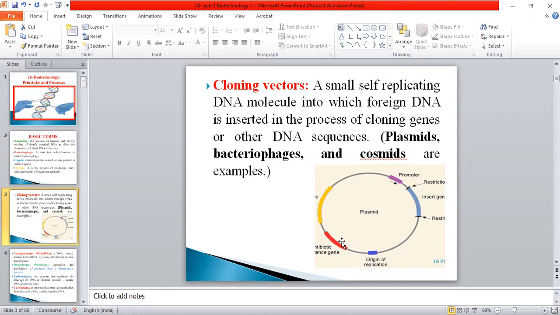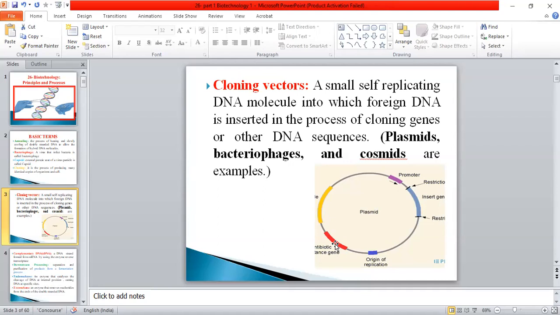Take the example of this red colored part, the antibiotic resistant gene. Suppose we want to isolate this part only, because we need tetracycline, ampicillin, and so many penicillin. Okay, antibiotic resistant genes are also present in the plasmids, isn't it? We have to isolate the exact antibiotic resistant genes from the plasmids.